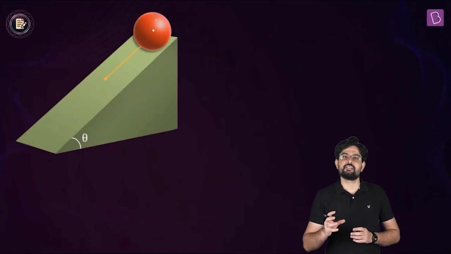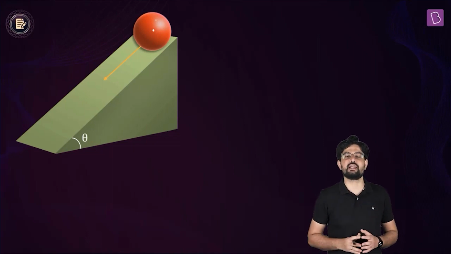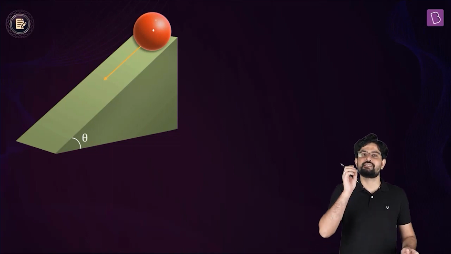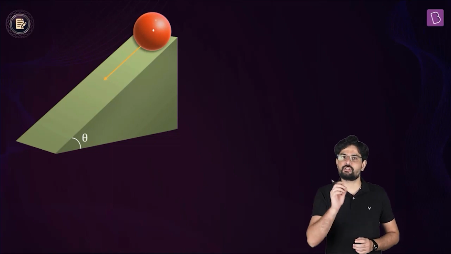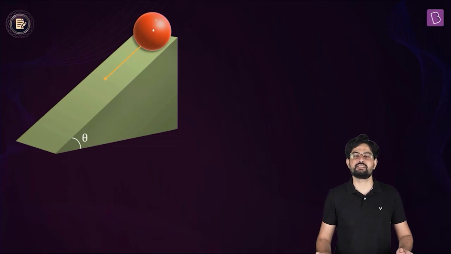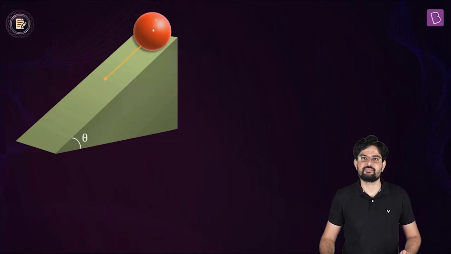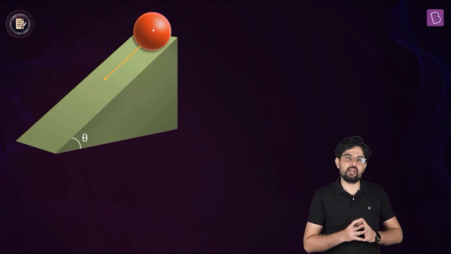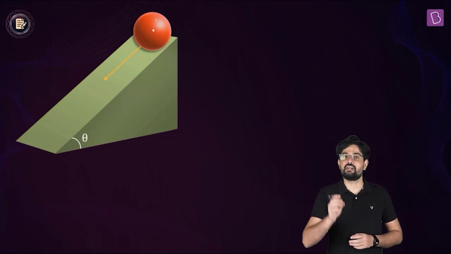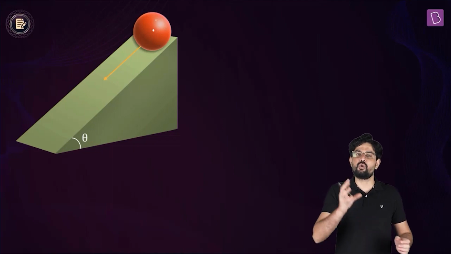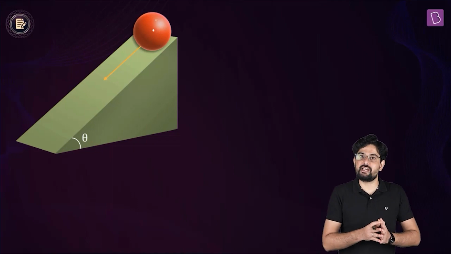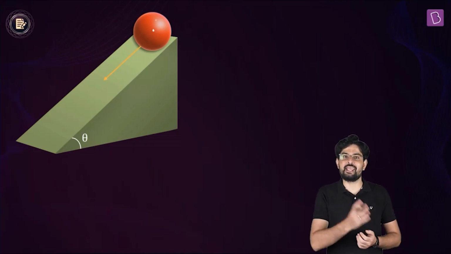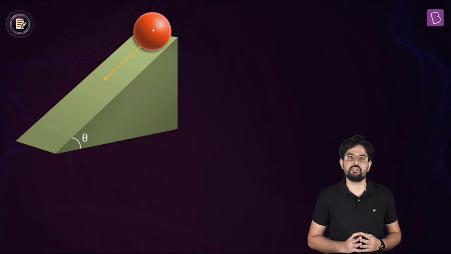So as the sphere goes down the inclined plane, then the center of this sphere is going to accelerate, right? The velocity of the center of mass is going to increase. And if the pure rolling is happening, if the sphere is rolling without slipping, then the condition for the pure rolling, that is v is equal to r omega and a is equal to r alpha, will be followed.